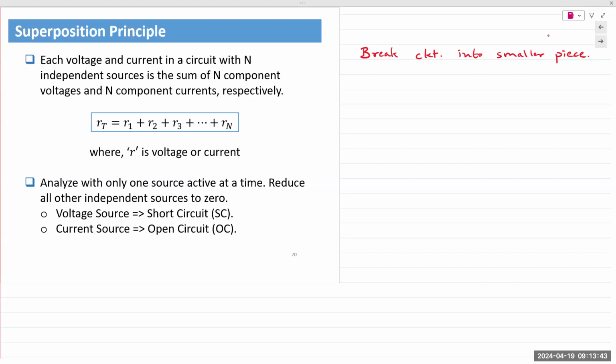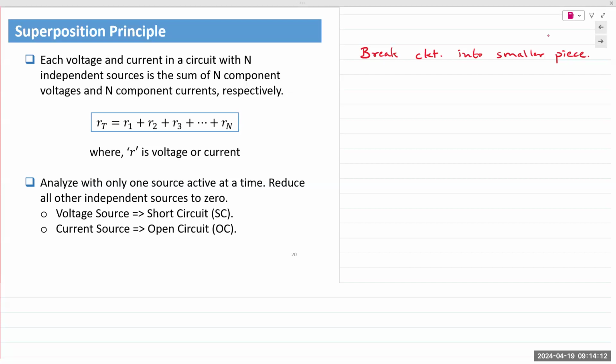So now you have two results for every voltage and every current in the circuit. You all with me so far? And the superposition principle states that you take those two independent results, you add them up, that would be the actual voltage and current that would result because of the two sources working at the same time. All you're doing is you're summing up the results from all the sources one at a time.